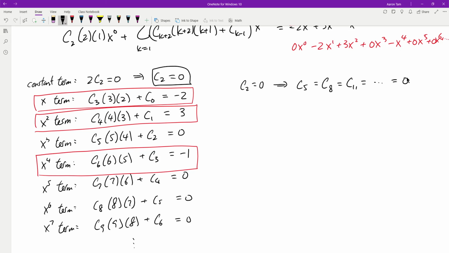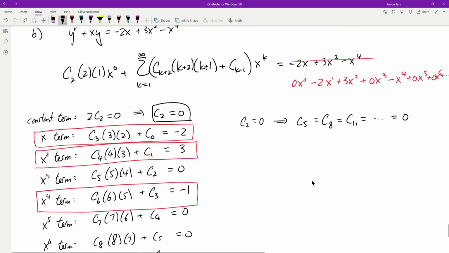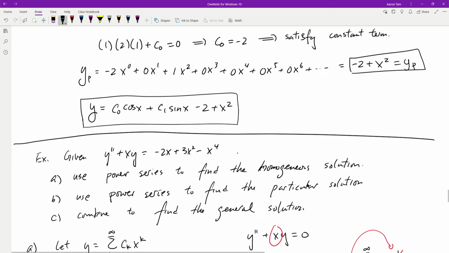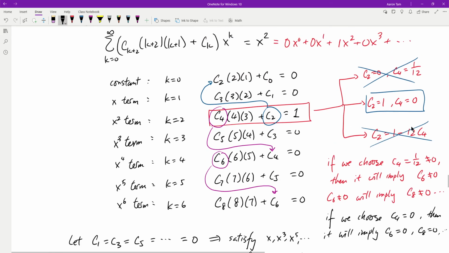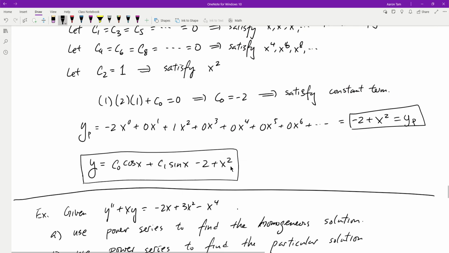What else? Well, let's see. I notice I have an equation involving c sub 0 and c sub 3, and a second equation involving c sub 3 and c sub 6. And I have just one equation in the middle that involves c sub 1 and c sub 4. Once again, we have the same exact choice here as before.